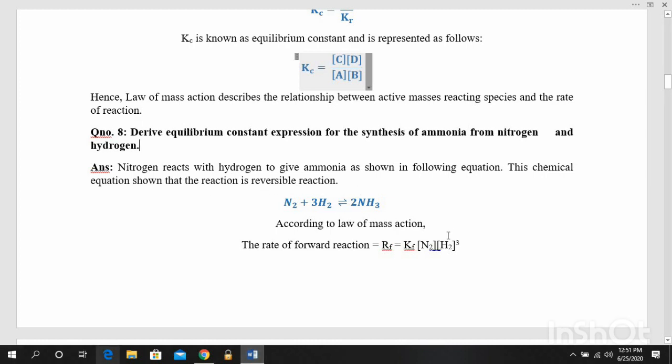According to the law of mass action, the rate of forward reaction, RF, equals Kf multiplied by the concentration of nitrogen into the concentration of hydrogen to the power 3, because we have studied in the law of mass action that the number of moles comes as its respective power. Here you can see that there are 3 moles of hydrogen reacting, so we will write 3 as a power of hydrogen.